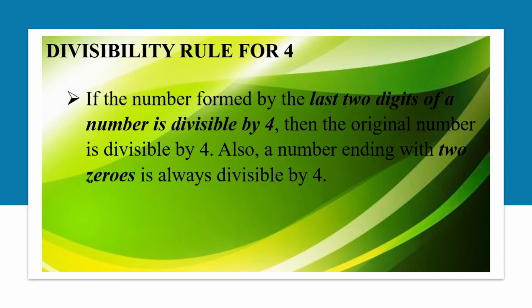Last two digits of a number is divisible by 4. So, you will look at the last two digits of a number, and also ending with two zeros is always divisible by 4.